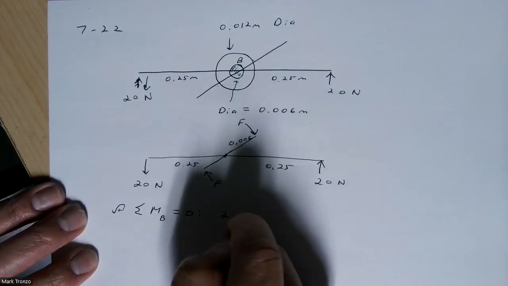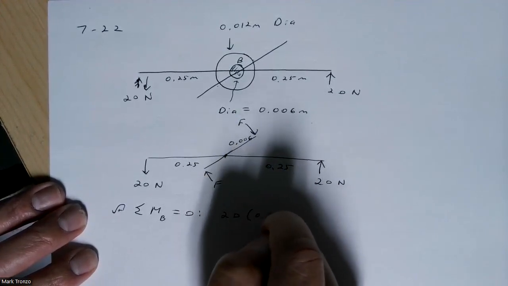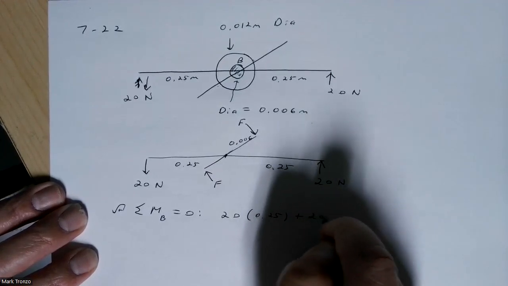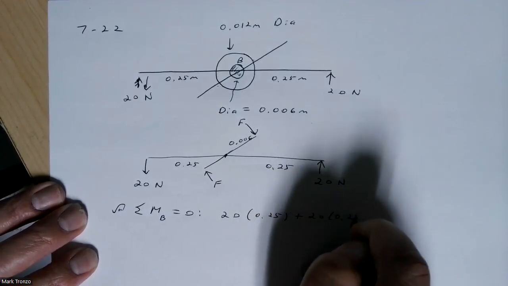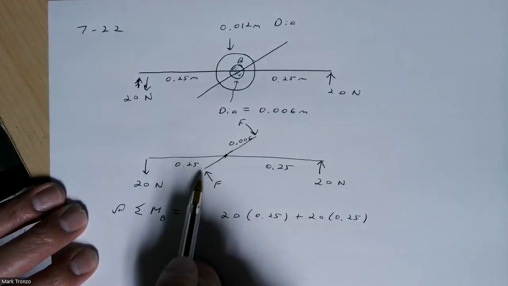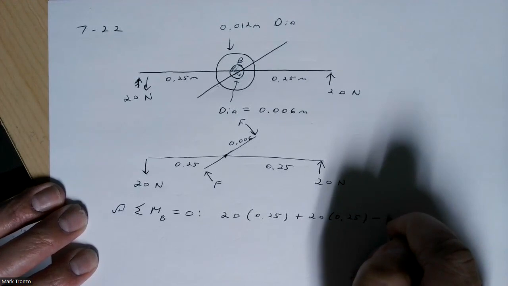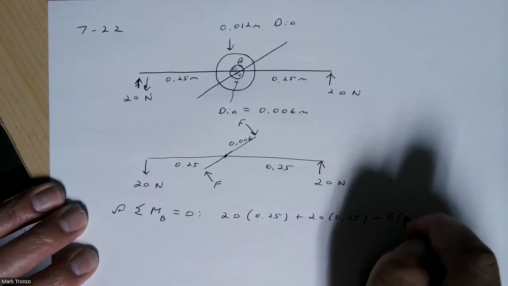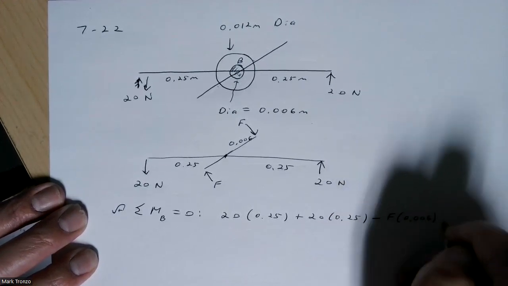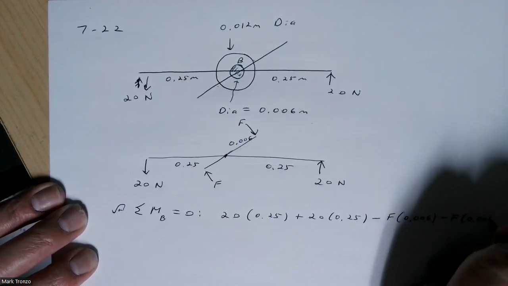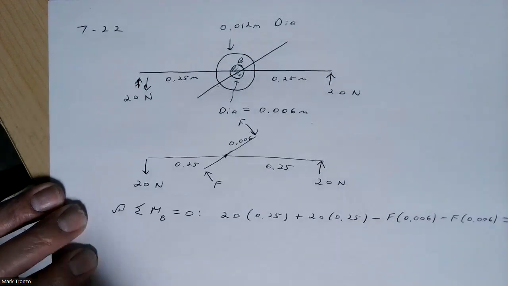So over here you have 20 times 0.25 plus 20 times 0.25. And then over here, in the opposite direction, F times 0.006 minus F times 0.006. Set that all equal to 0.